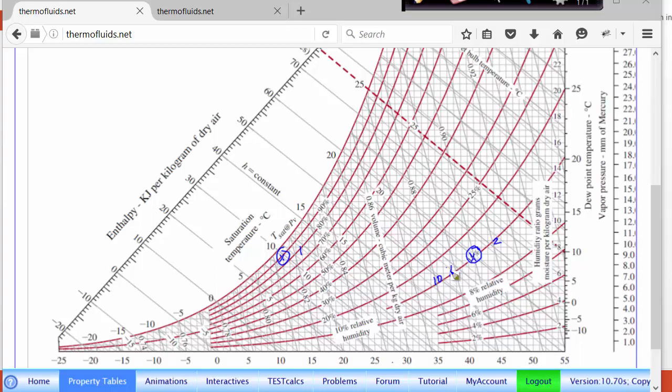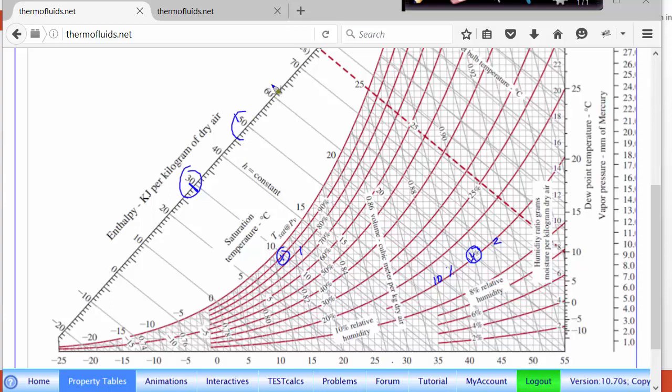From the psychrometric chart, let's also pick up the enthalpies. Notice this is the enthalpy scale. As you go here, state 1 is somewhere here, and state 2 crosses somewhere there. So it's about 29 to 60. So from 29, the enthalpy goes to 60.